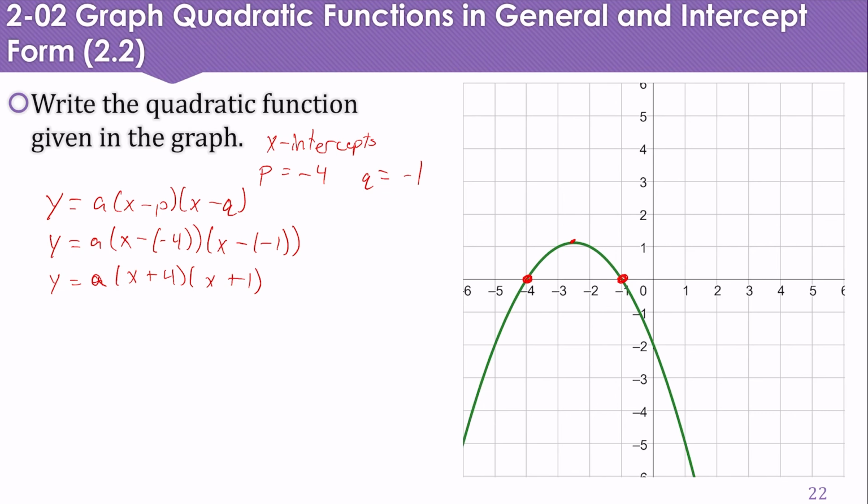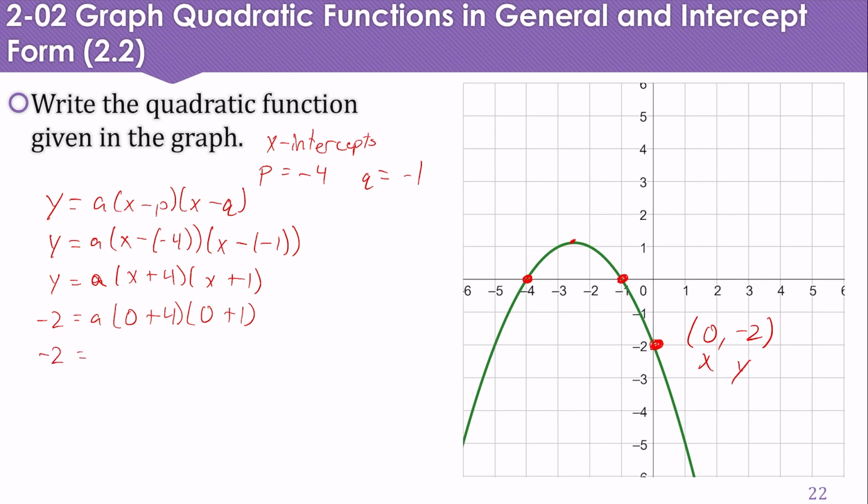But we need to know a, so we need to find some other point. That would make a good other point: (0, -2). That's the x and the y. So the y is -2, x is 0. Now any point works. It doesn't have to be 0, comma something, but you have to know what it is exactly.